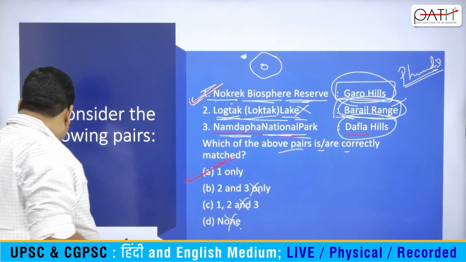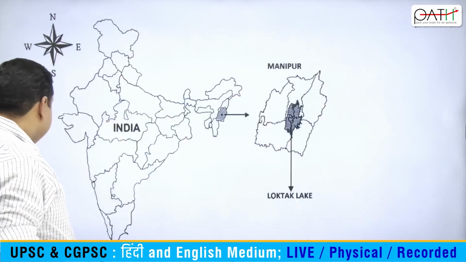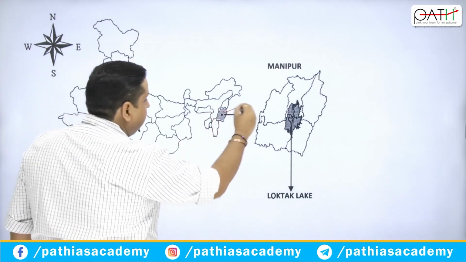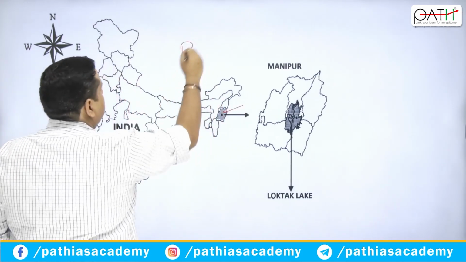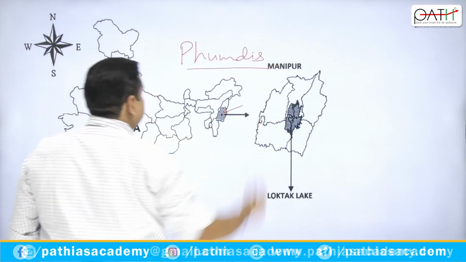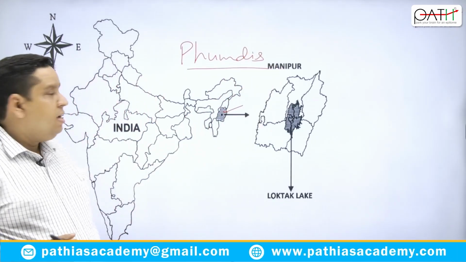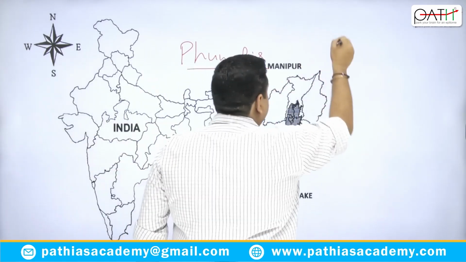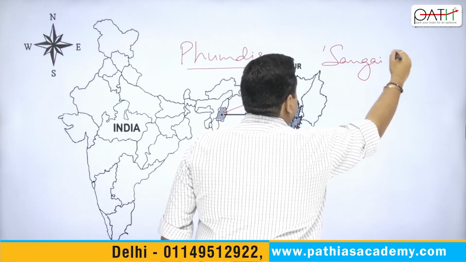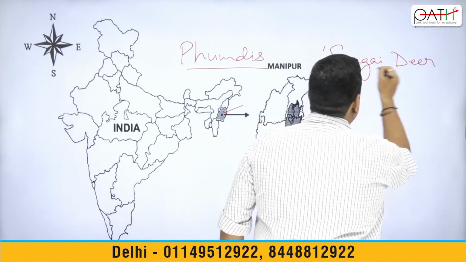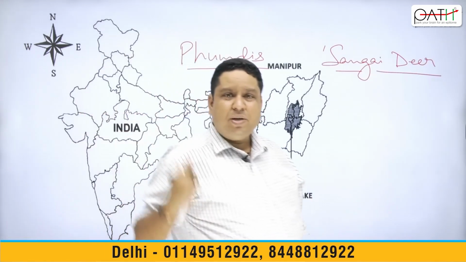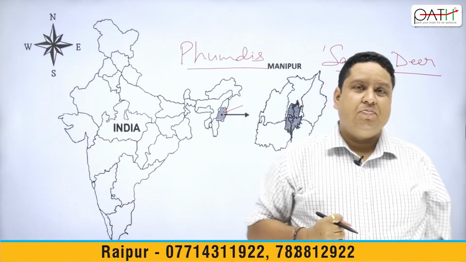Okay, next question. This is the location of Loktak Lake. It is famous for floating grasslands, which are known as Fumdis. In these floating grasslands you'll find the Sangai deer, also known as the dancing deer, the endemic species of this region.